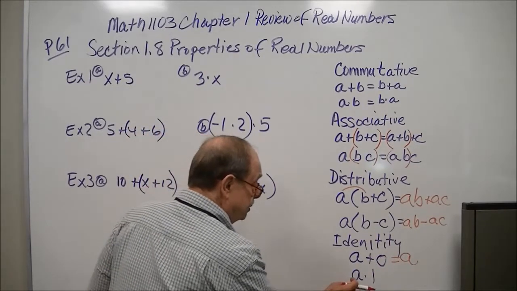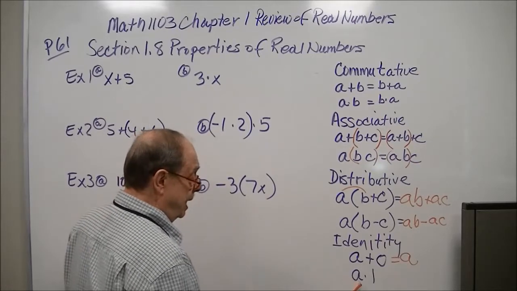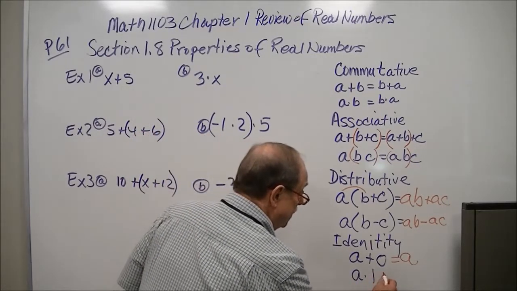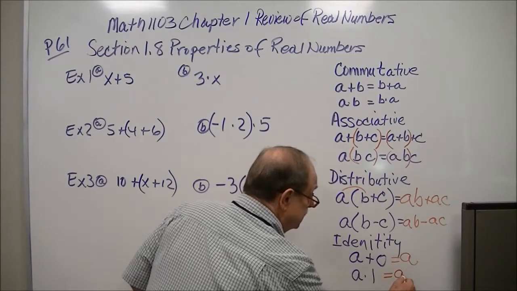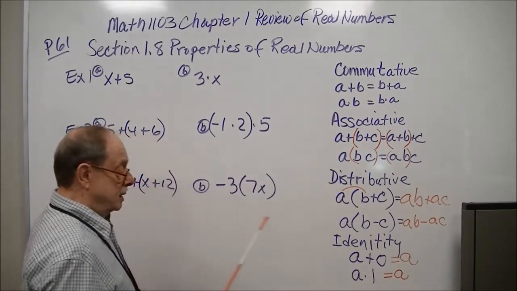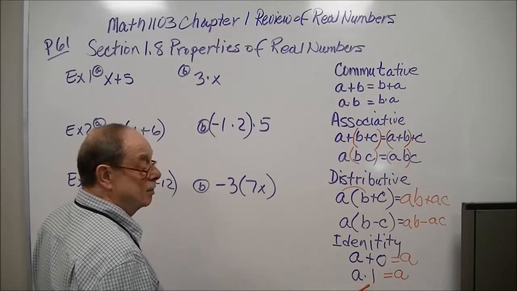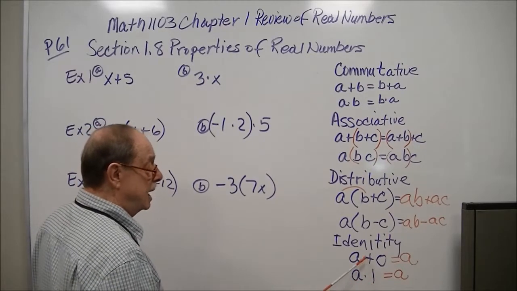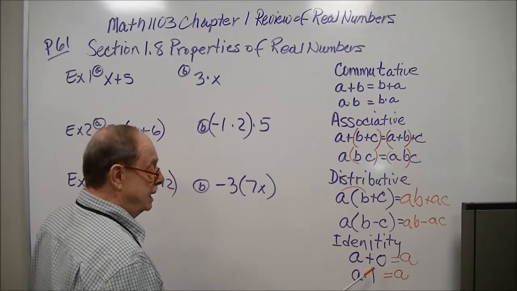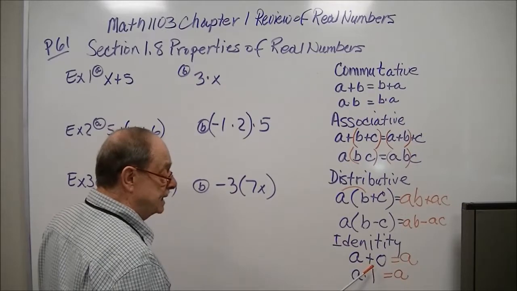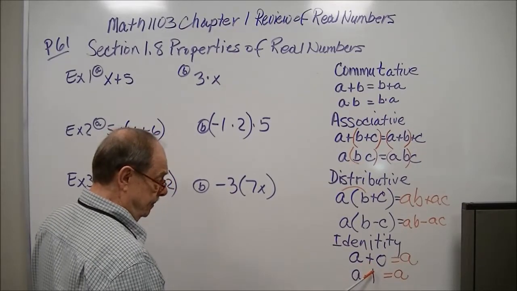Now here we're going to multiply a number, A times 1. And we've used this before. A times 1 is A. So any number times 1 is the multiplicative identity. Anytime we add 0 to a number, that's the additive identity.